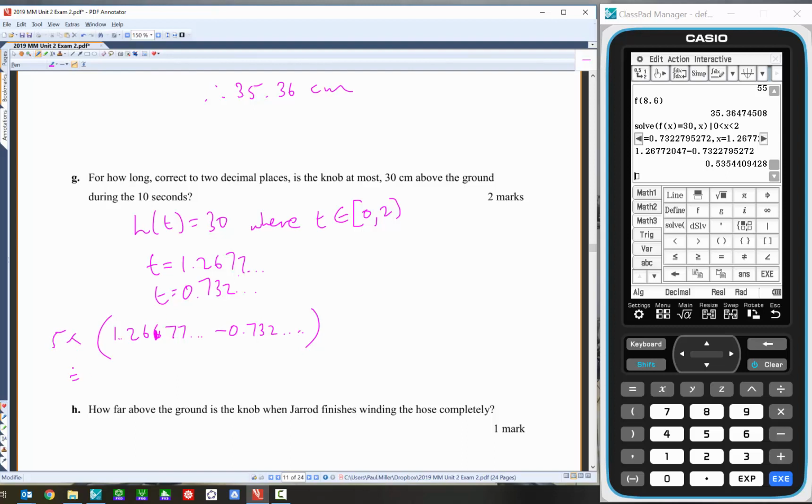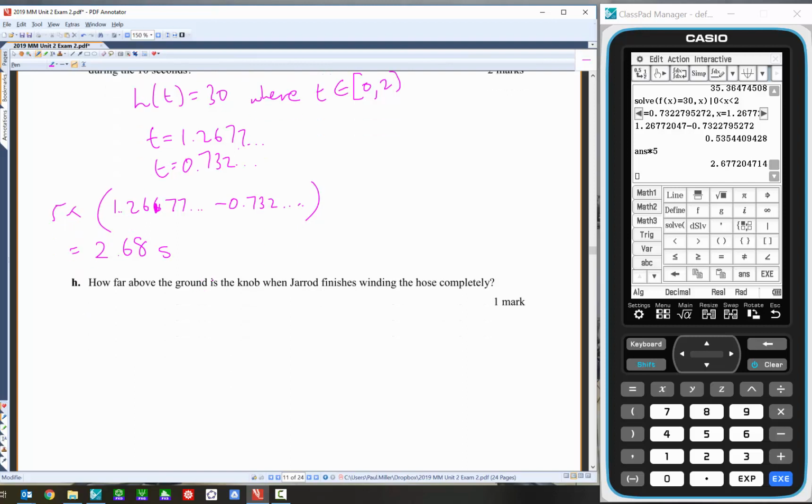All right, so back over to the calc. Let's times that by 5, and it's going to be to 2 decimal places, 2.68 seconds. Difficult question. How far above the ground is the knob when Jared finishes winding the hose completely?